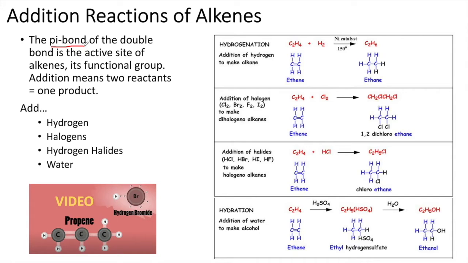The word addition does mean that you're going to add something to it, but you can see here for all of these, you have two reactants that turn into one product. So there are different things that we're going to add here. We can add hydrogen, that's called hydrogenation, halogens, halogenation, hydrogen halides, and water. And I'll walk you through each one of these.